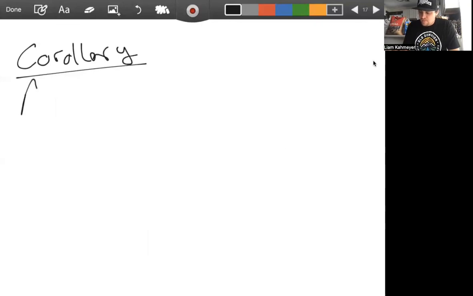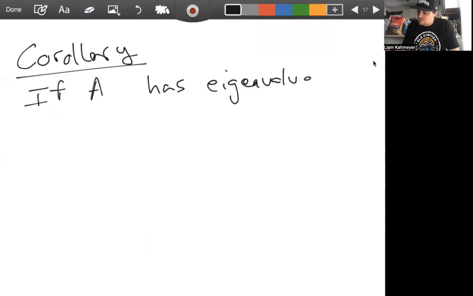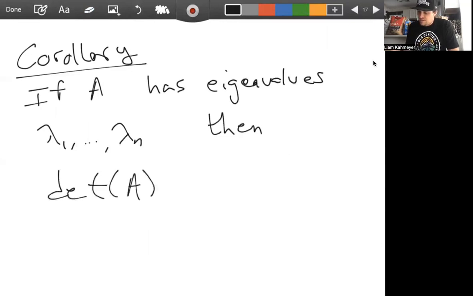So we have this result, and then we also have a corollary based on this result. If A has eigenvalues, say lambda 1 through lambda n, then the determinant of A is equal to the product of the eigenvalues, right?